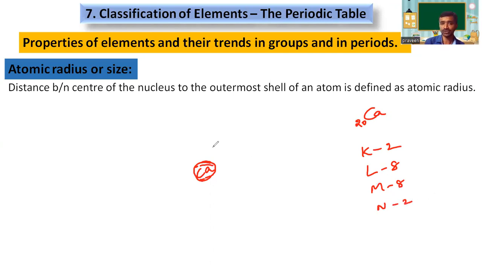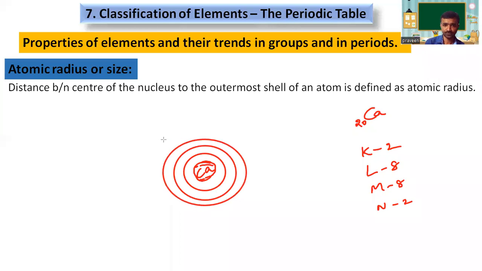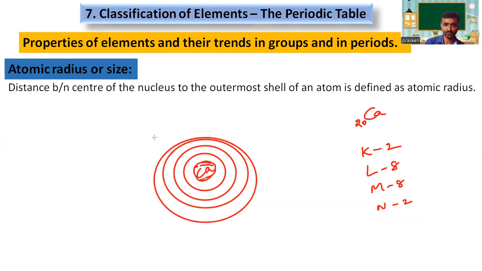So how many shells? 4 shells. We take those 4 shells around the nucleus: first shell, second shell, third shell, and fourth shell.